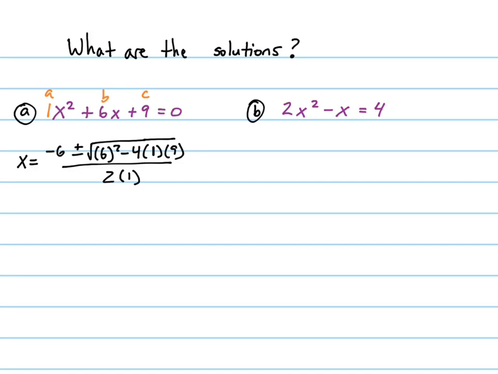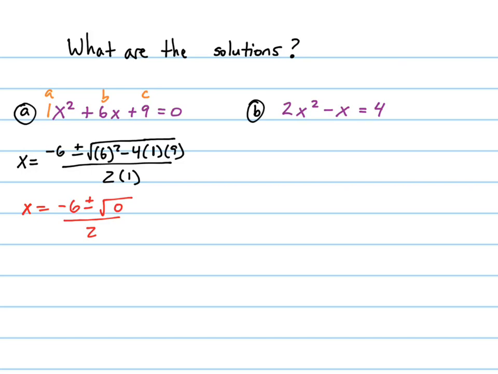Now we just need to simplify as we go to help us figure out what our answer is. I'm going to simplify what's underneath the square root first. So this problem becomes x equals negative 6 plus or minus the square root of 0 over 2, because 6 squared is 36, minus 4 times 1 times 9, which is minus 36, so it becomes 0.